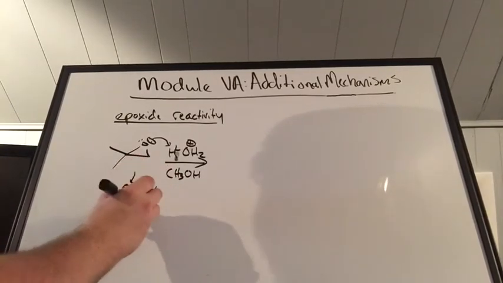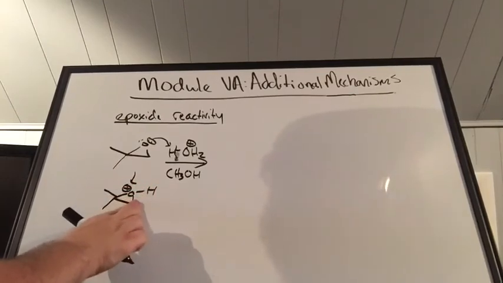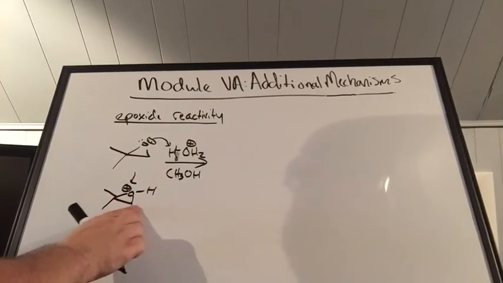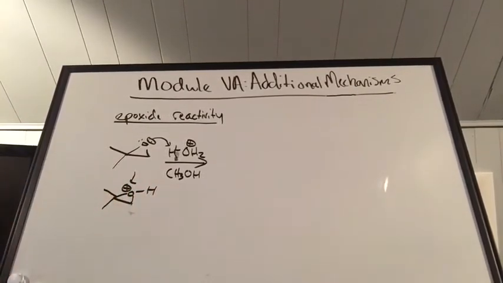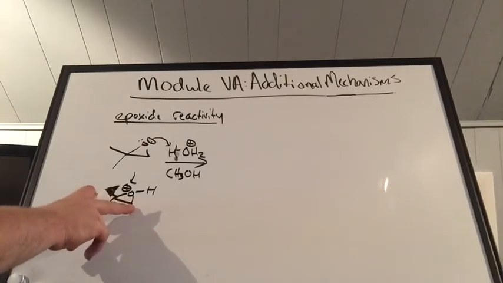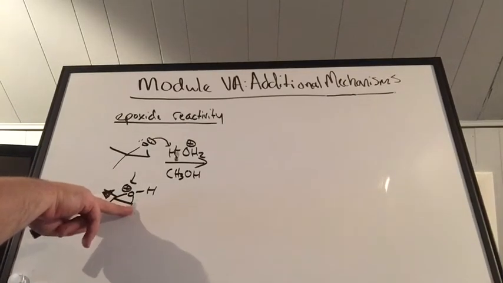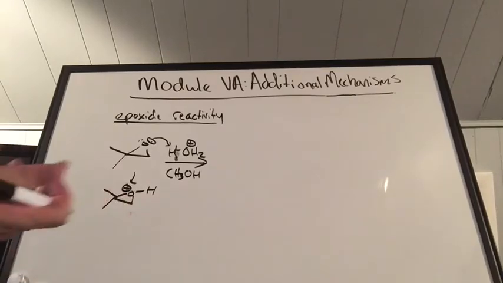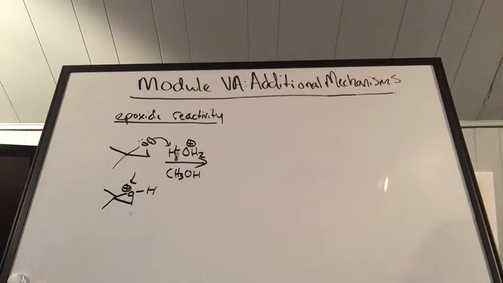Okay, so this is going to be positively charged. So which side is going to have electrons pulled away from it more readily? You don't have anything to stabilize a partial positive charge on this carbon because you just have hydrogens, and that's pretty much a baseline in terms of electron donating, electron withdrawing.